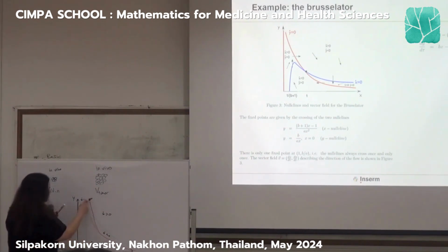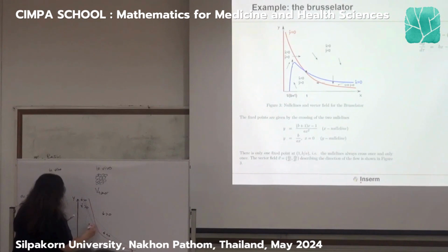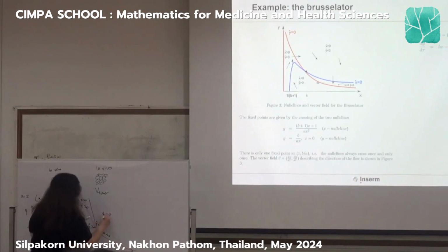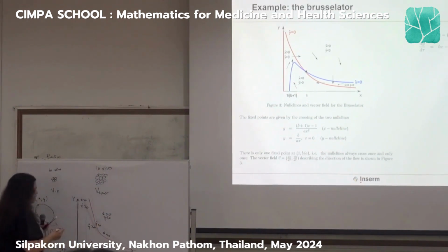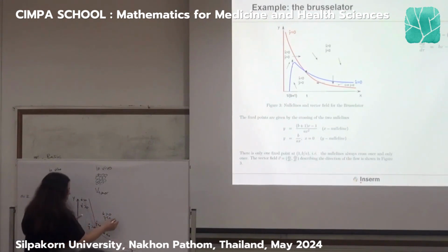Here you have another line, and y dot is positive here. So in that region, how is it going to be? Positive, okay. And now we cross the red line, so here, negative. And negative. Okay.